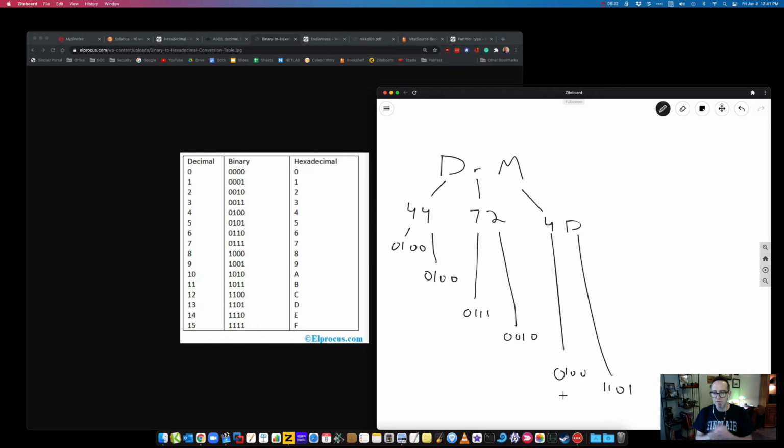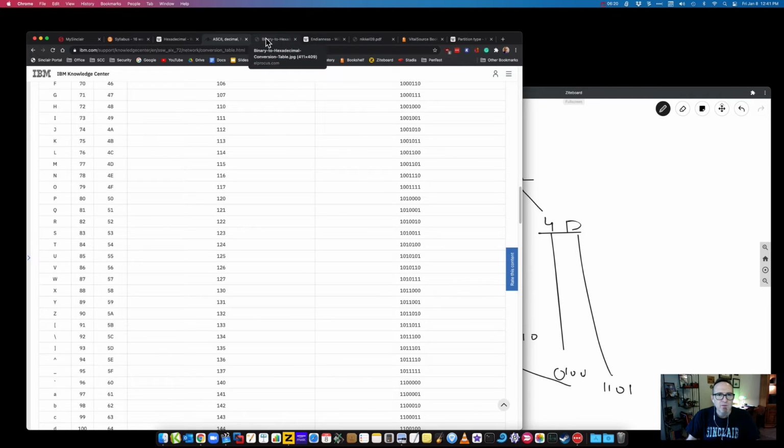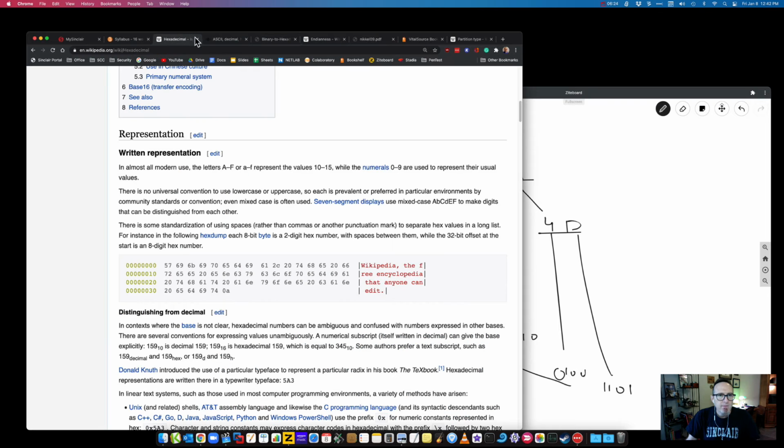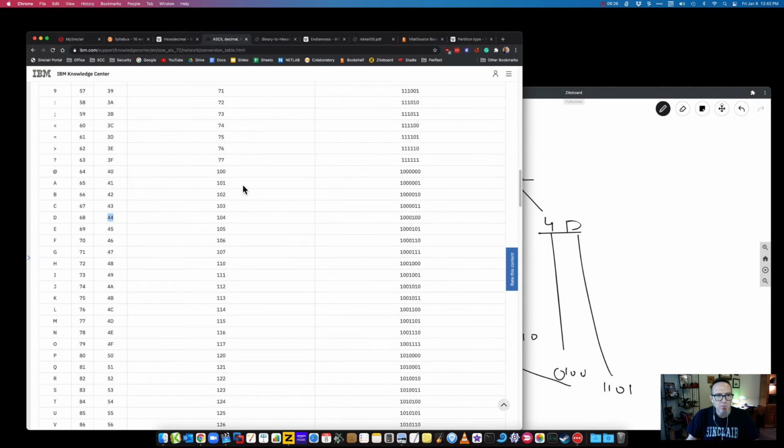Right, so that's how we have the conversion here. These ASCII characters are stored this way in hex, which really represents the actual ones and zeros on the drive you can see here. Again, there's tons of tables here, and if we look at this, it's more than just numbers.